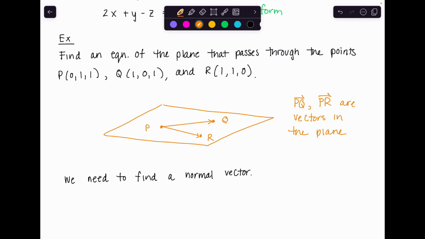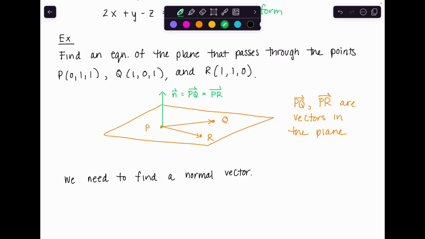So if I'm looking for a normal vector, I'm looking for one that is orthogonal to every other vector you create in the plane. Well, I know if I take the cross product of these two vectors, it's going to be orthogonal to both of them. So to figure out my normal vector, I need PQ cross PR.